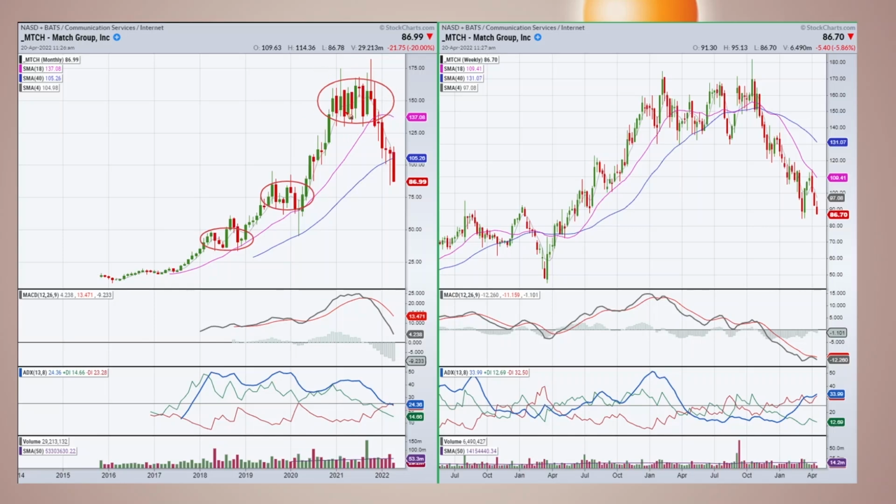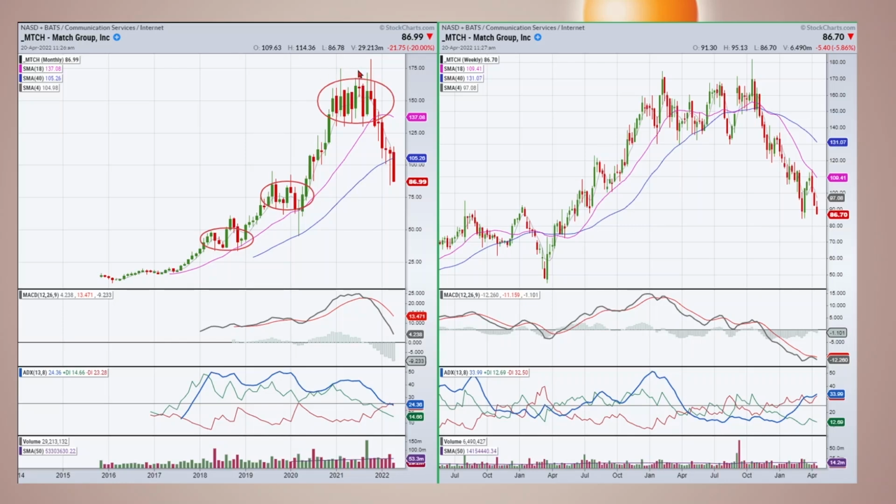I specifically used a circle as opposed to a square, where you could construe these levels as being a clear level of support and resistance. I don't really want you to look at support and resistance that way. I don't want you to think, okay, this is a specific number. I want you to think more in terms of an area at the low end and an area at the high end.